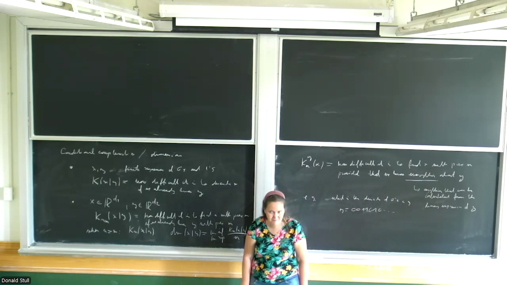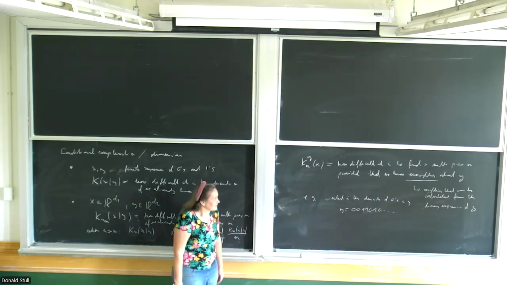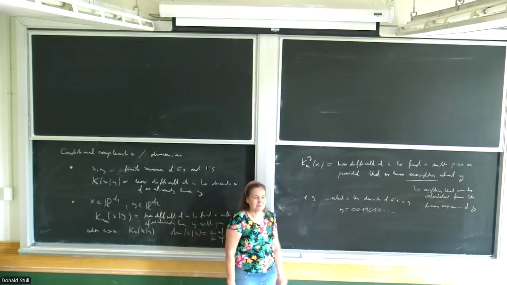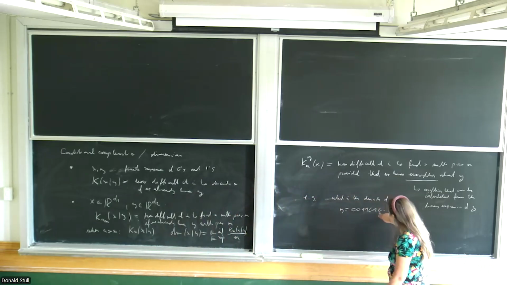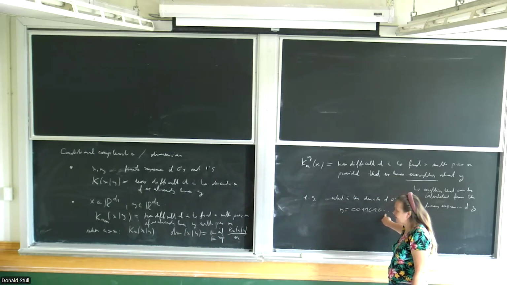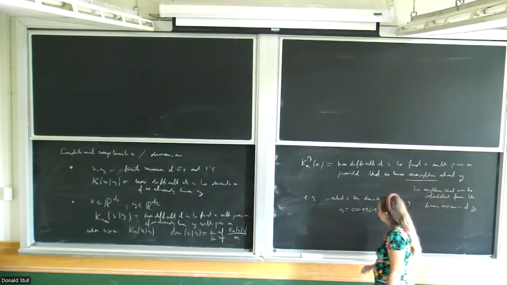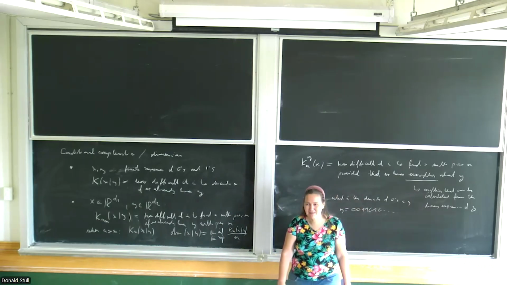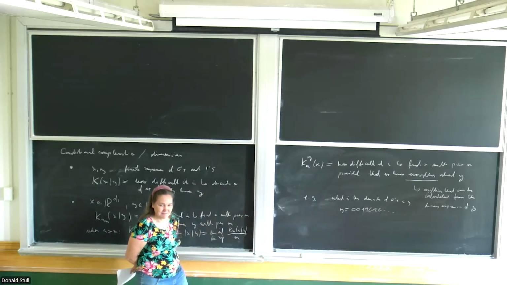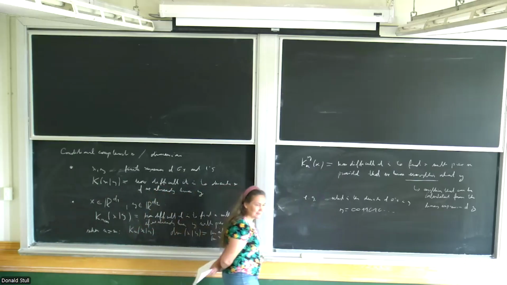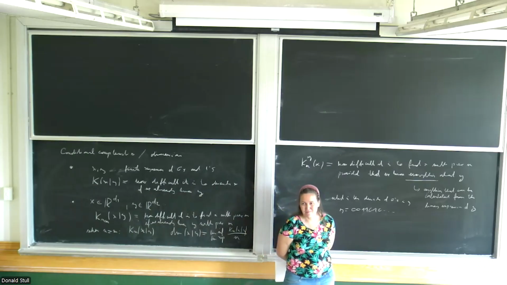This is calculable. Of course, there is a very simple method of looking at how many zeros I have for a given k. But I will never be able to say what the limit of this is. So if you take k going to infinity and you ask what is the limit of the number of zeros up to k divided by k, there is no computer program that does it.